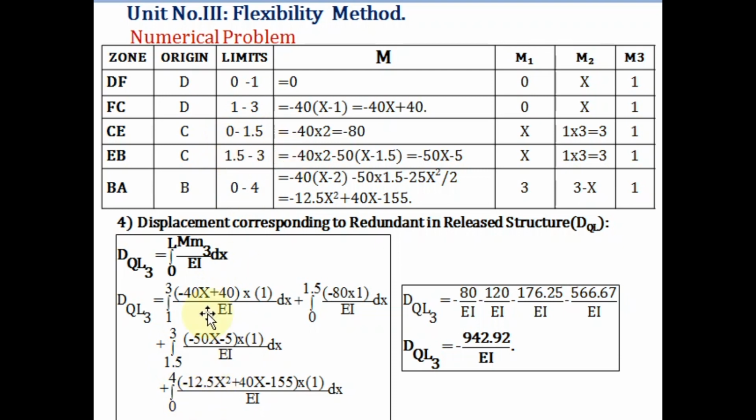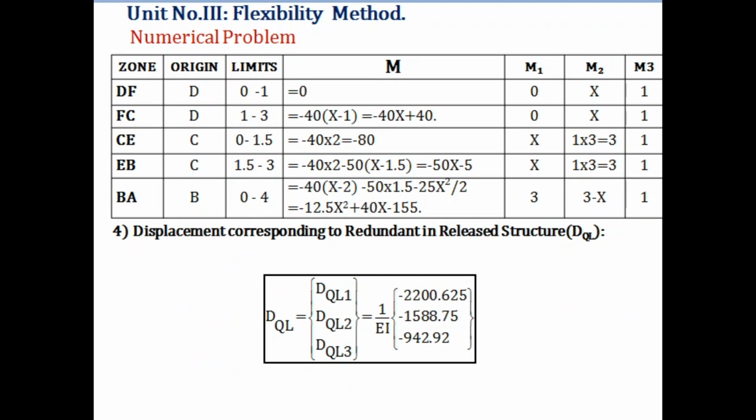And for BA, integration 0 to 4, the value of M is minus 12.5 x square plus 40x minus 155 into 1 upon EI. So after solving this integration, we'll get the value of dQL3 as minus 942.92 upon EI. So this is the value of dQL3. So after calculating the values of dQL1, dQL2 and dQL3, putting them in the dQL matrix, we'll get the dQL matrix. Okay.